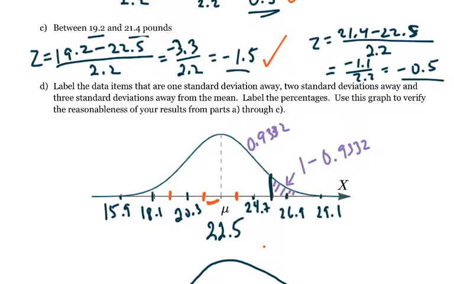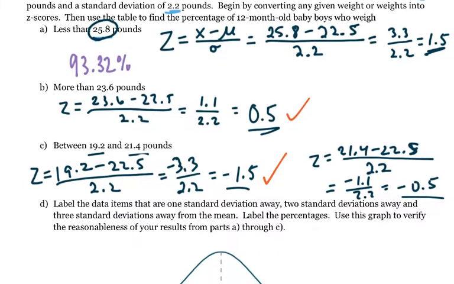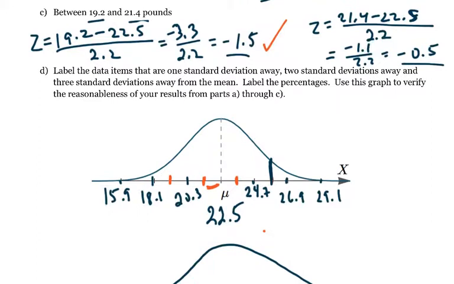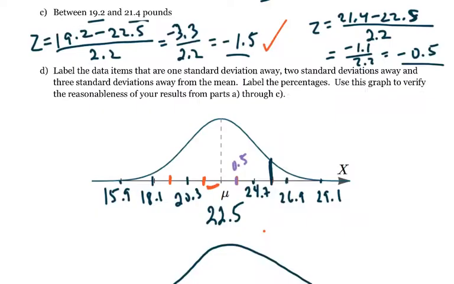So then we do the same thing with the second one, more than 23.6 pounds. So 23.6 was at 0.5, 0.5 is our z-score. So then we look at our chart and find 0.5. That's right here again. No hundredths place means I can just look right there. That's 0.6915.